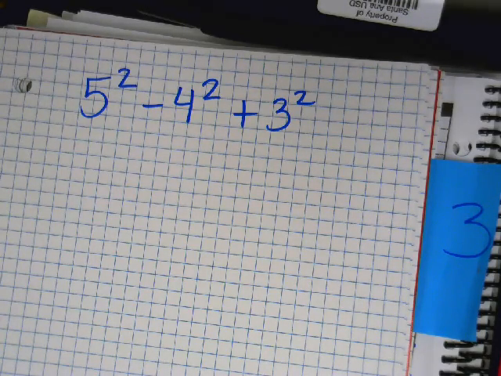Alright. You have these answers on the first page of your notes. 5 squared, you rewrote it down. 4 squared, rewrote it down. 3 squared, rewrote it down. So you already have the hard math done. Is that distracting you? No? Okay. So as long as it doesn't distract you, let's keep working.